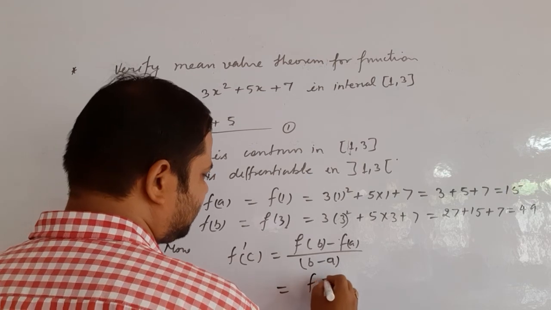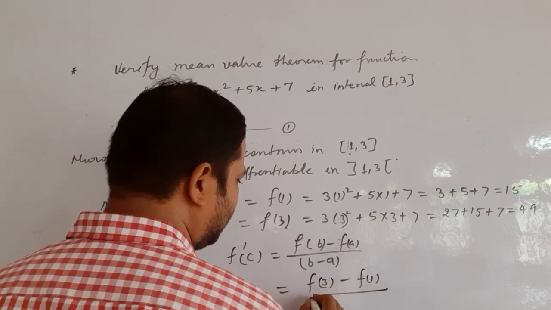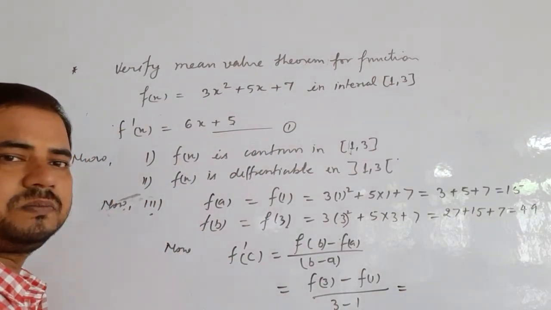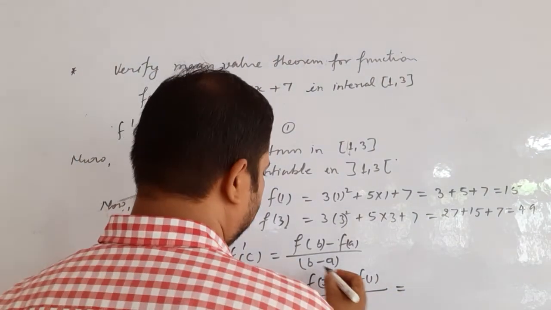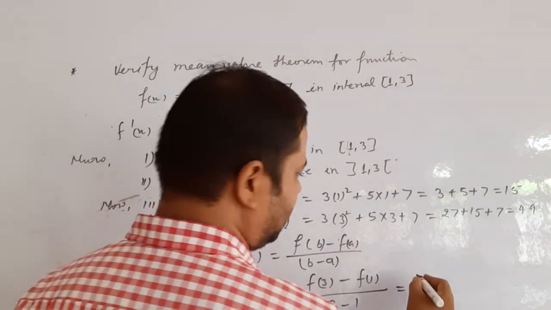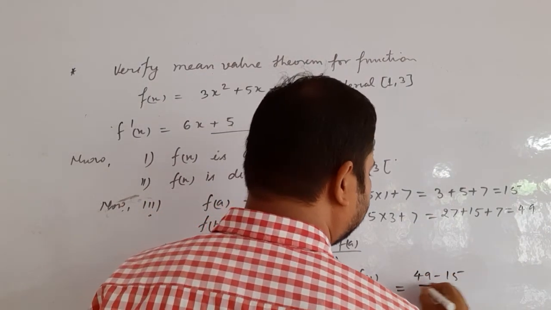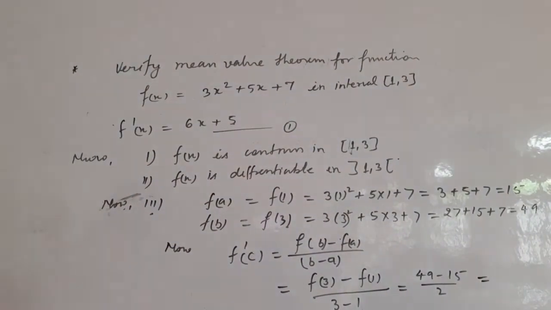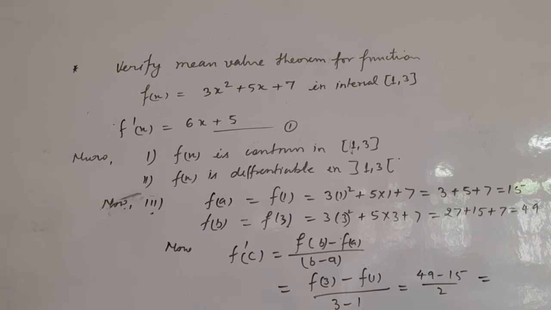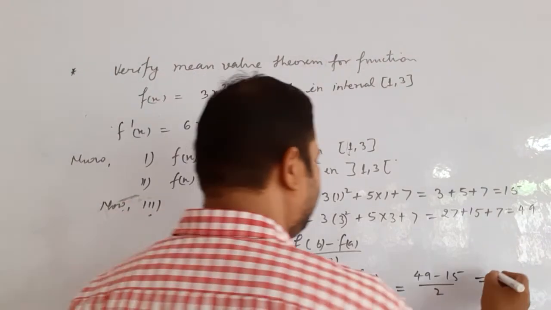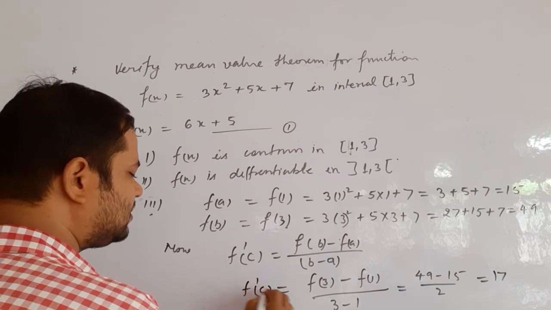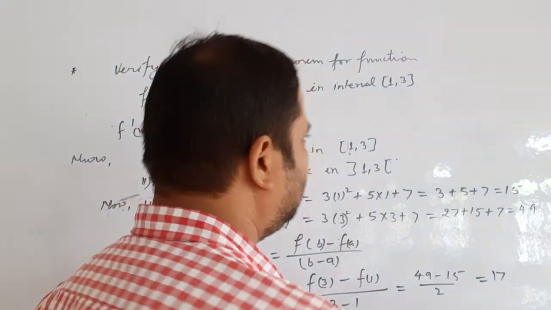So this is f(3) minus f(1) divided by 3 minus 1, and this is nothing but f(3) is 49 minus 15 divided by 2, and this is nothing but 17. Okay. So if you see, f dash c is 17.